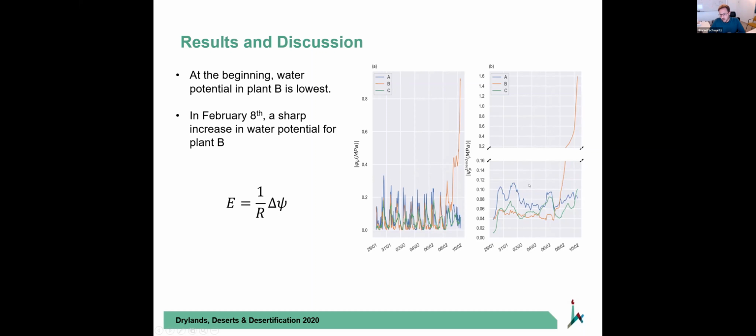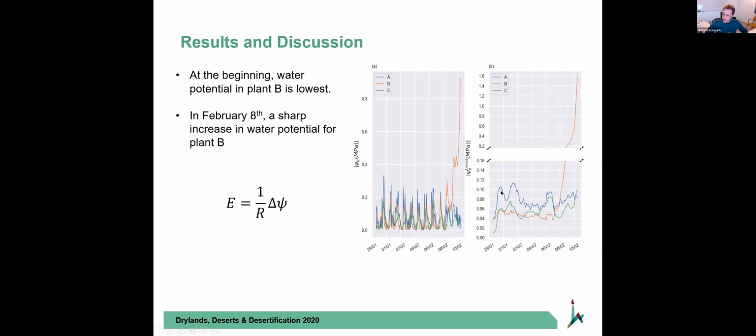What is clear is that for plant A, the water potential, this is the absolute value of water potential, so suction, the suction of plant A is highest, so it is harder for this plant to extract water from the soil. This is the first observation to make.